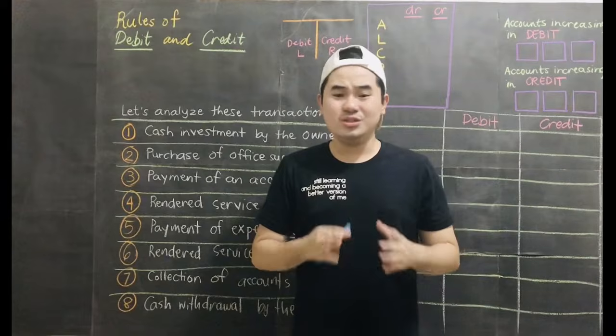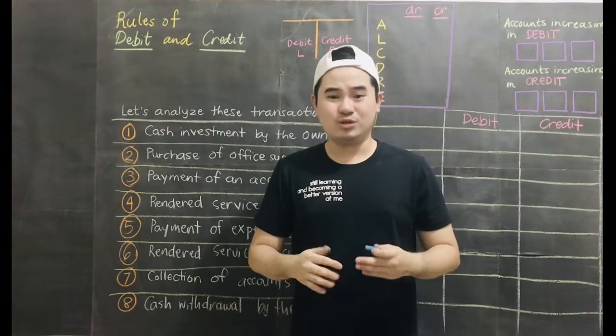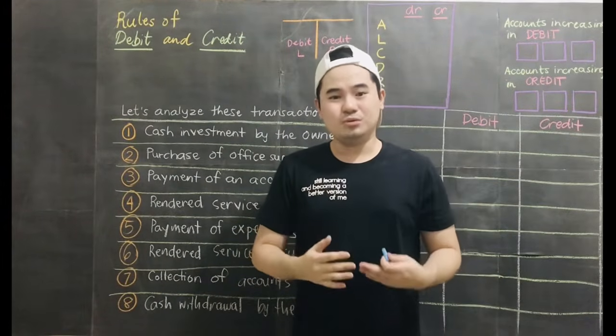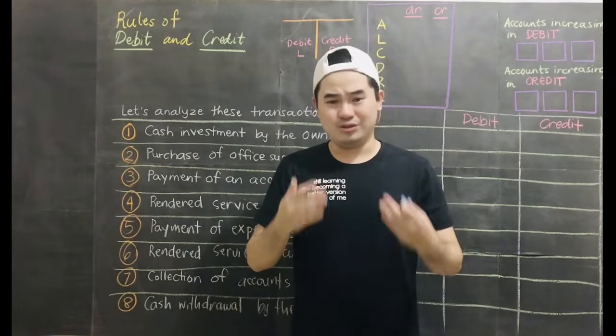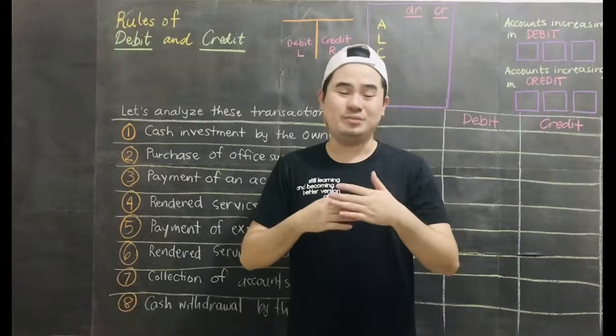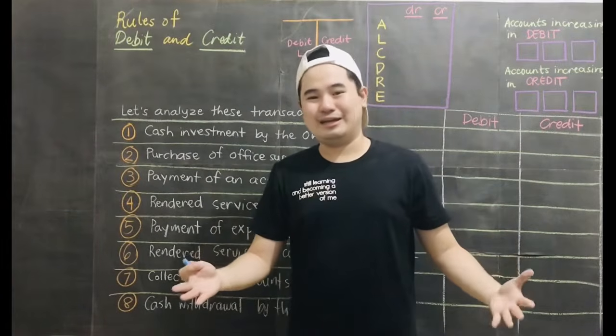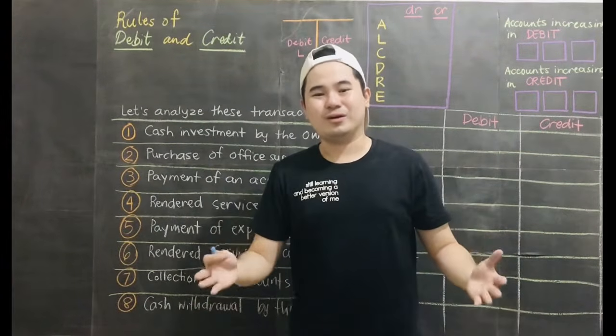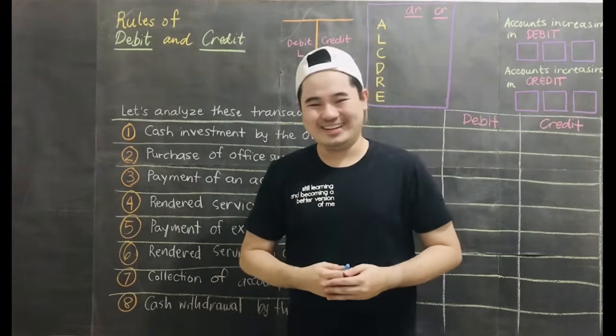Okay, you need to understand this lesson very well because you need to know the rules of debit and credit by heart. These rules will be used in your accounting life and even in your work when you start working.